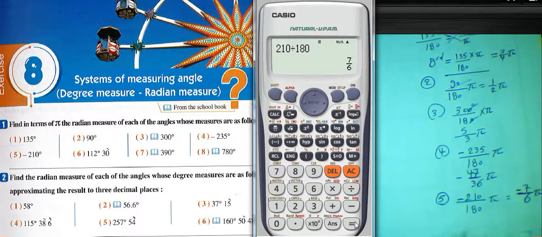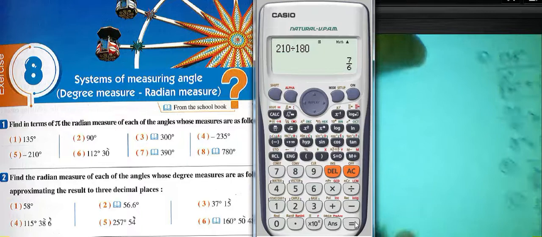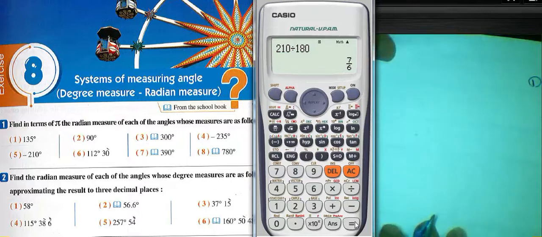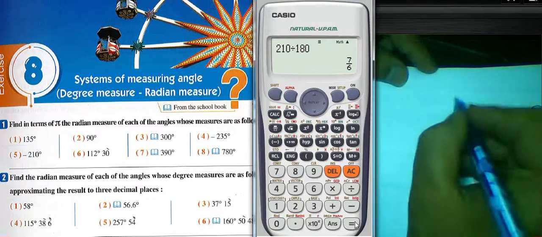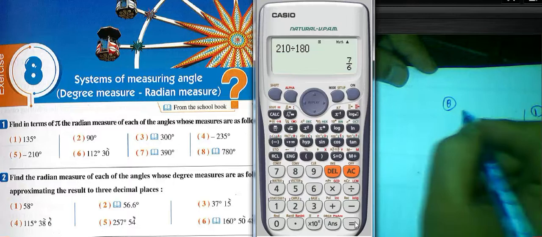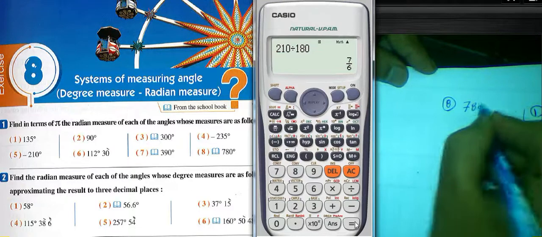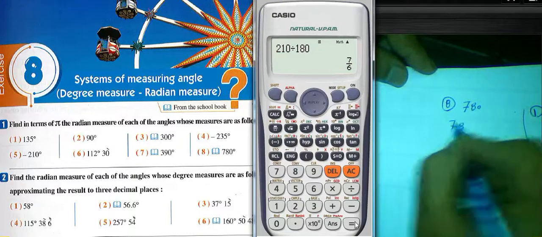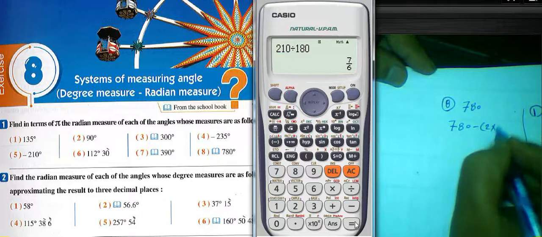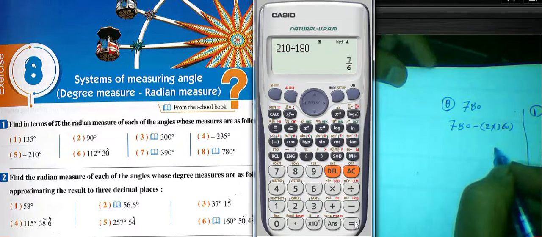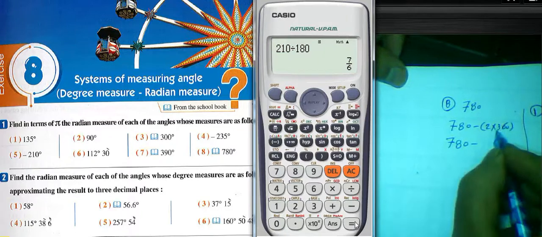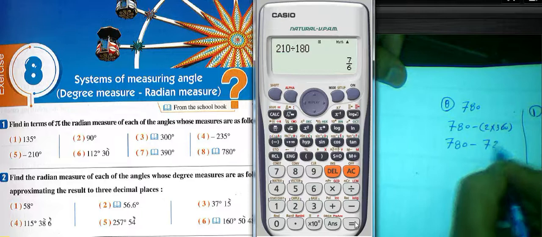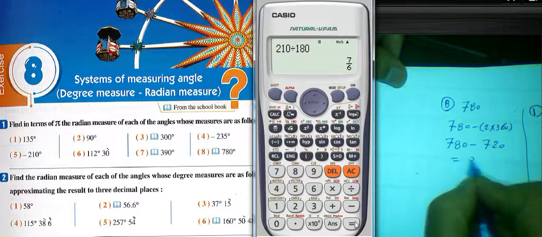But question number 8, we will solve it because it's more than 360. So we can find the measure of the angle 780 by subtracting 2 multiplied by 360, because it's more than 360. 360 multiplied by 2 equals 720, and the result will be 60 degrees.